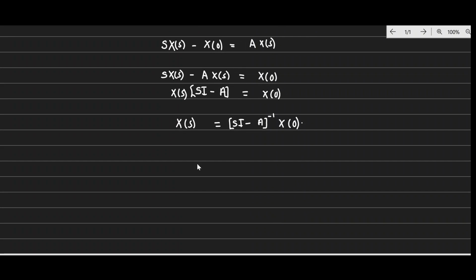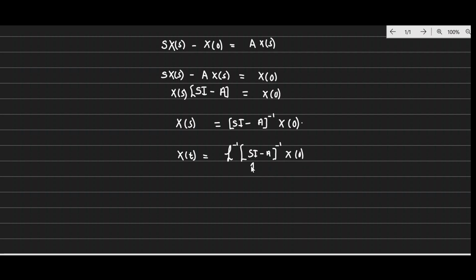And then to transform this to the time domain, we take the Laplace inverse. The Laplace inverse of x of s is x of t, equal to the Laplace inverse of (sI minus A) inverse x of 0.